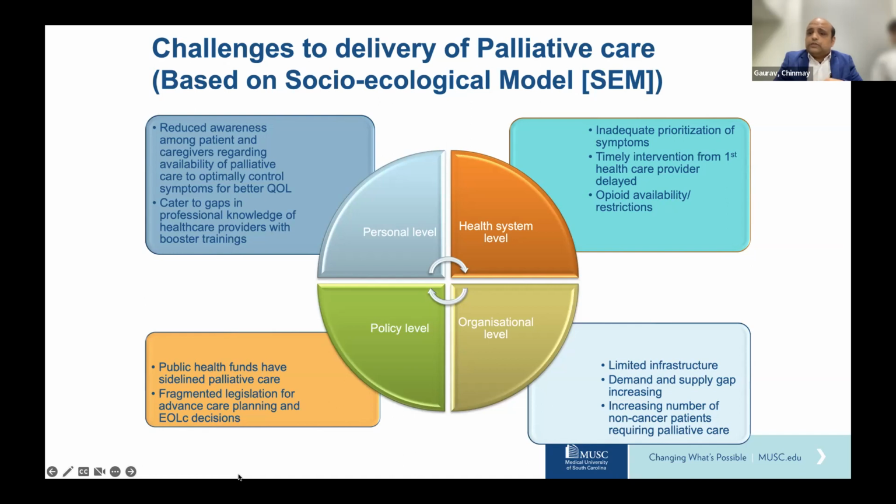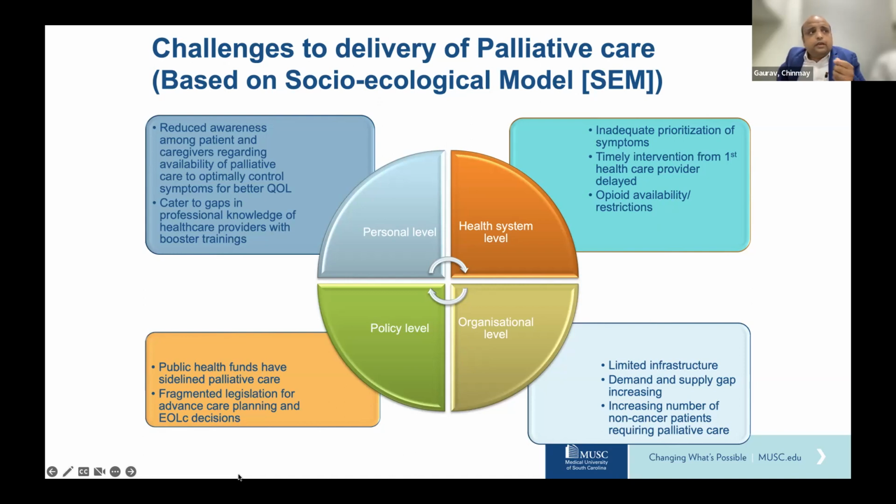Because of those restrictions, there was a huge challenge that patients who actually require narcotics, opioids, were not able to procure them. Through our intervention of the community health worker actually going home, we could close the gaps to some extent.